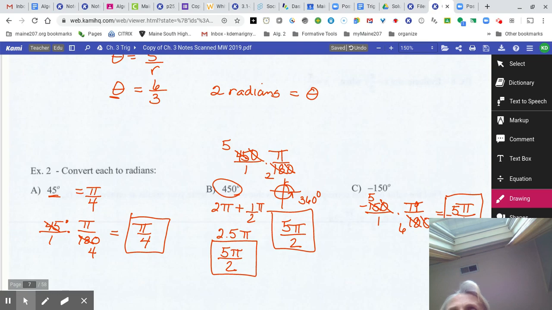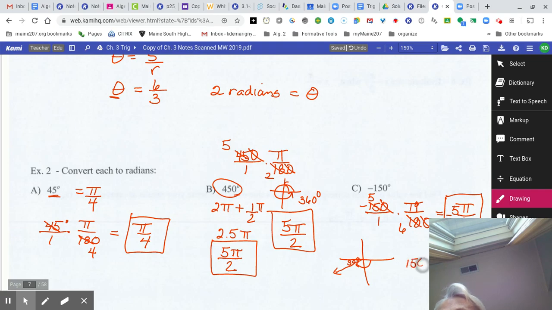If I think about it in terms of where I am, at negative 150 degrees, remember it's going to start here and go the other direction. So 150 degrees means you have 30 degrees left to go. So if you have 30 degrees left to go, you have almost been the whole 180 degrees.